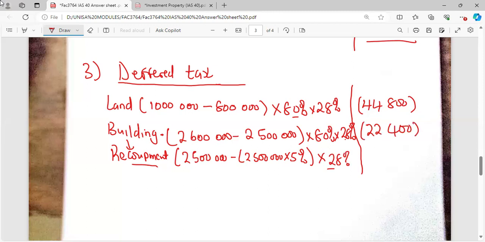Then on the recoupment, how much are we going to have here? You need to subtract it.